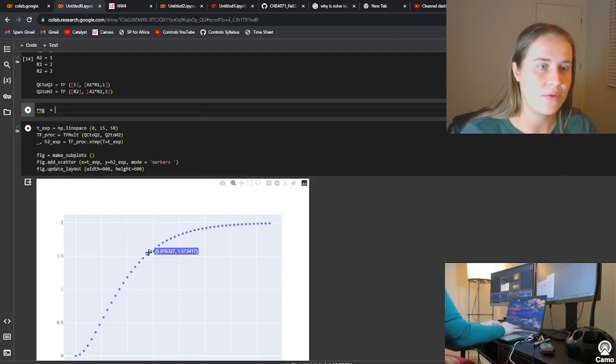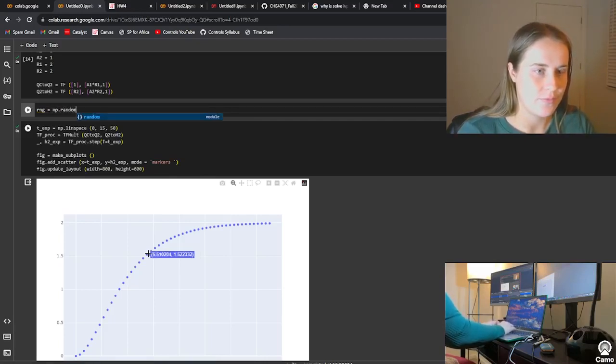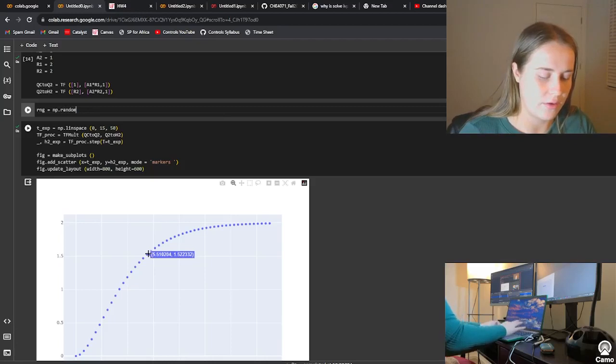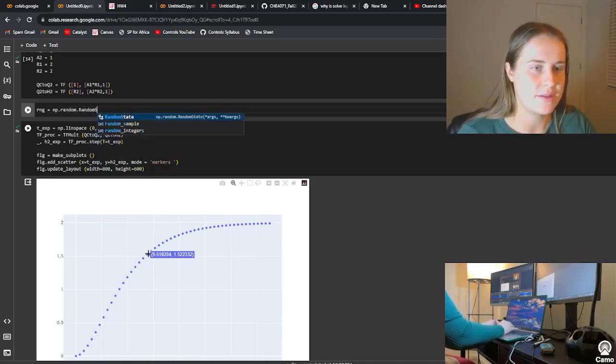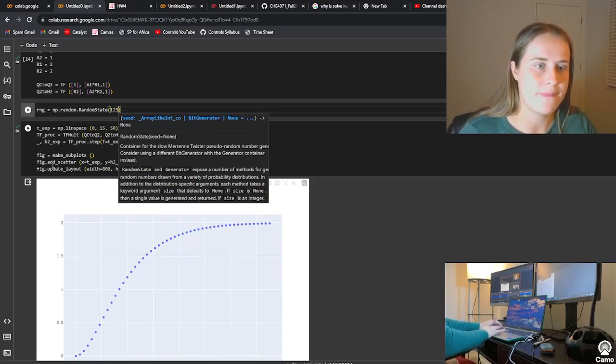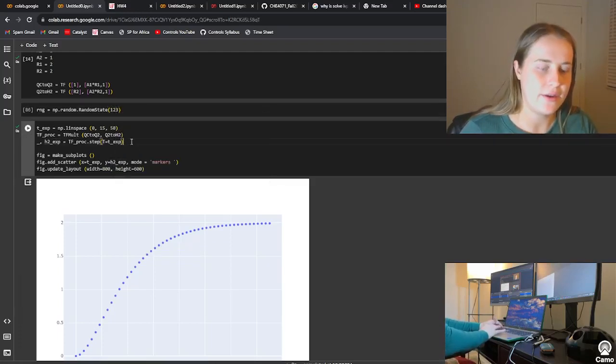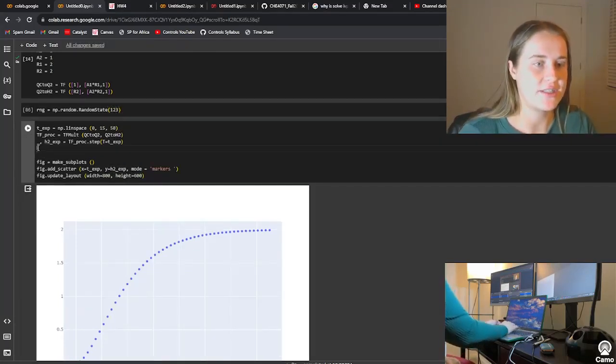So this will be RNG equals np dot random state 1, 2, 3. And then down here below, this is where we're going to set our standard deviation.